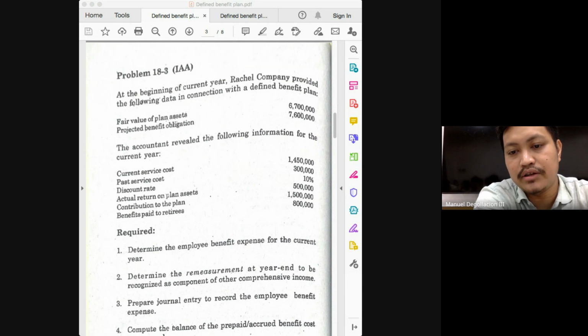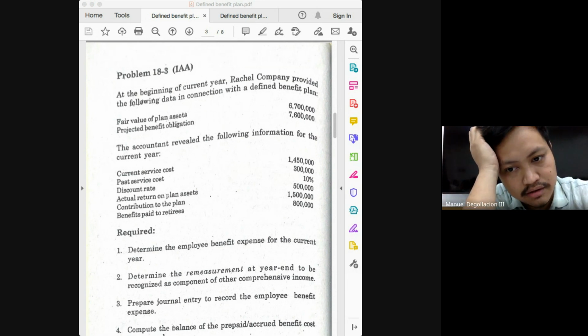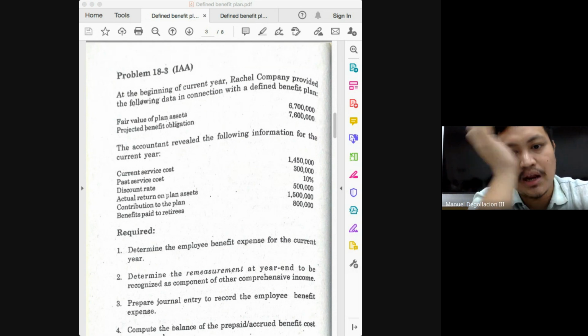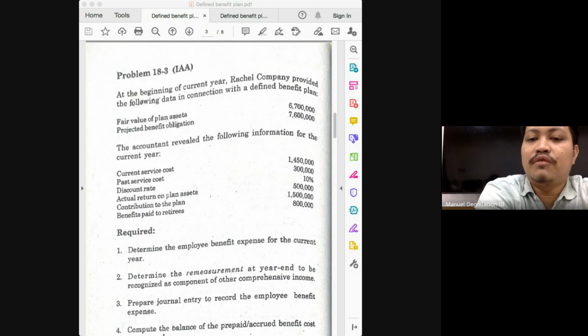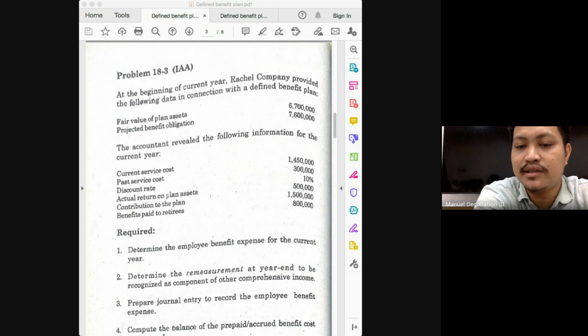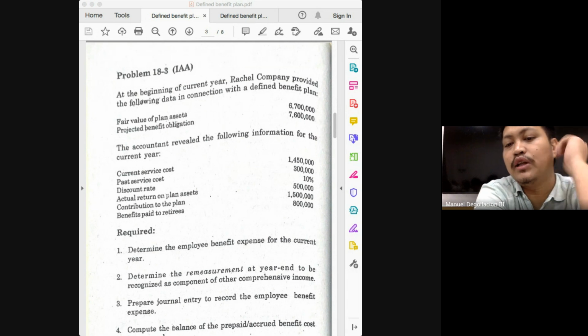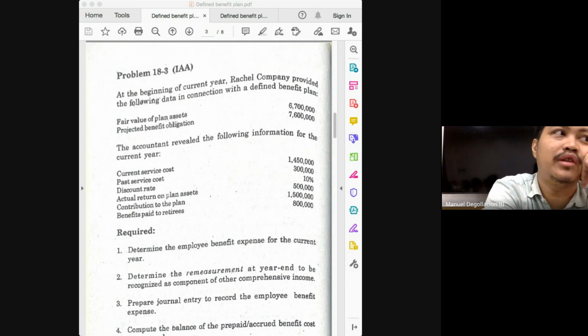That is 7,600,000 plus 1,450 plus past service cost of 300 plus interest expense of 760 minus benefits paid of 800. How much will that give you? 9,310,000.